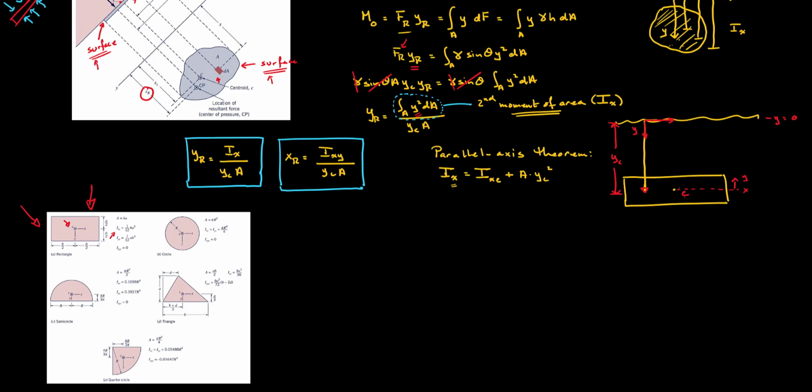So they're performing an integration over this entire surface of y squared dA, but where y equals 0 is located through the centroid. However, our second moment of area that we've derived here, our y is relative to the free surface.